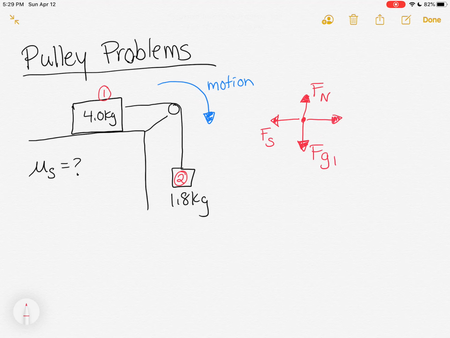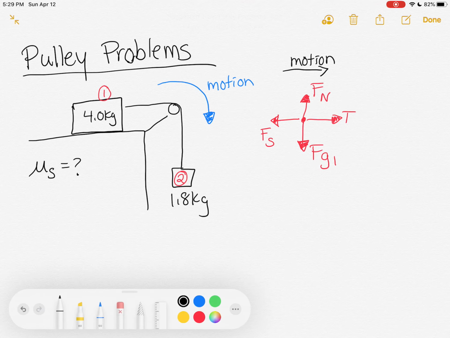And we are going to have a tension force because of the rope that is attached to our block. And so that one's going to be our block number 1. And in block number 1, our motion is going along the x-axis, and tension is the positive direction. Our static friction force is going to be the negative direction.